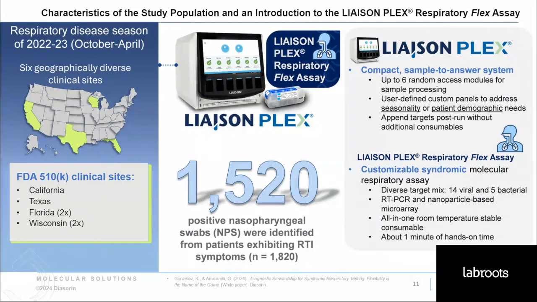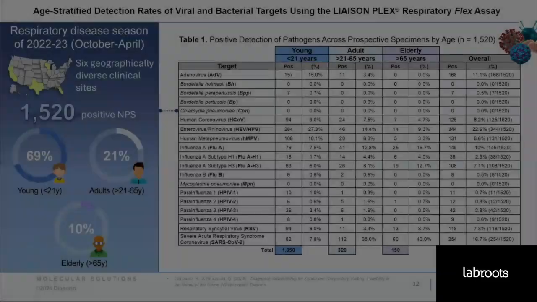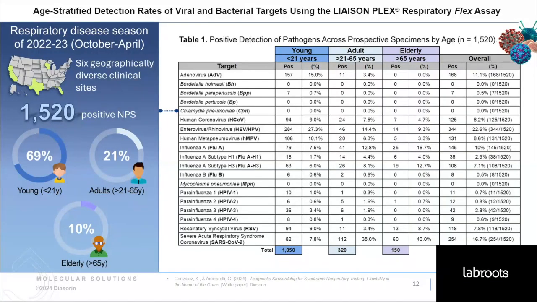So overall, in the study, we identified 1,520 positive nasopharyngeal swab specimens from patients exhibiting respiratory symptoms. As part of the retrospective analysis, the results were stratified by age in this table. The positive samples were divided into 3 groups based on age: the young population from 0 to 21 years old, adults between 21 and 65, and the elderly patients beyond 65 years old.